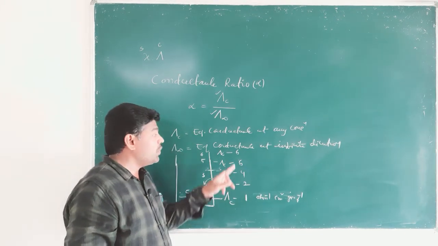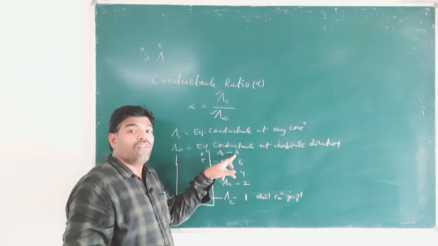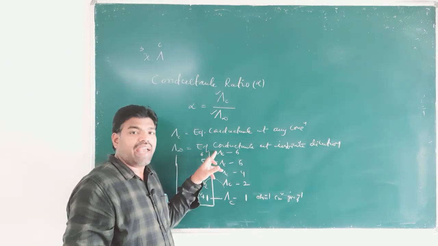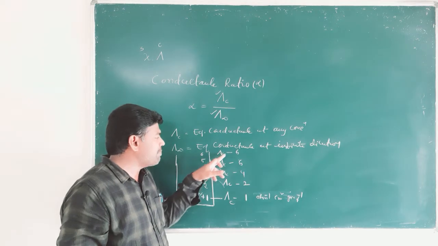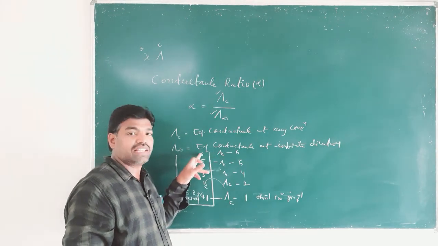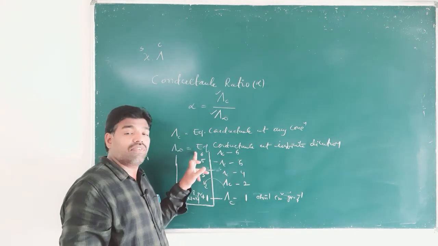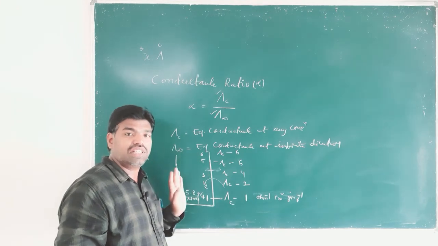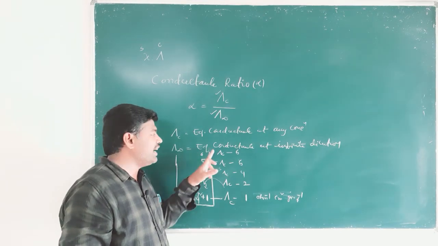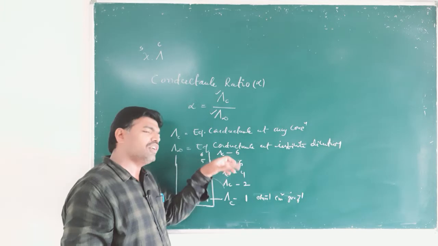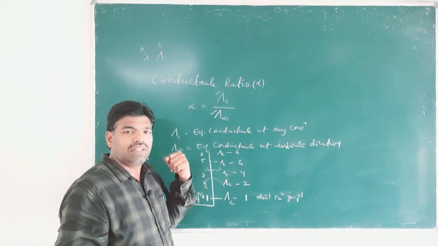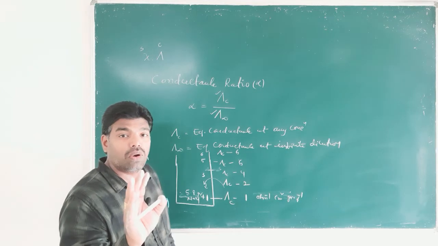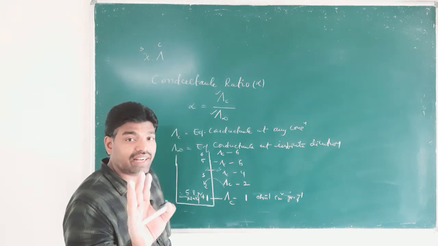Okay, so the equivalent conductance is maximum at this dilution, that is we are adding 5 liters of water to the initial solution. So equivalent conductance remains the same, and if we add 1 more liter, then there is no increase in equivalent conductance.